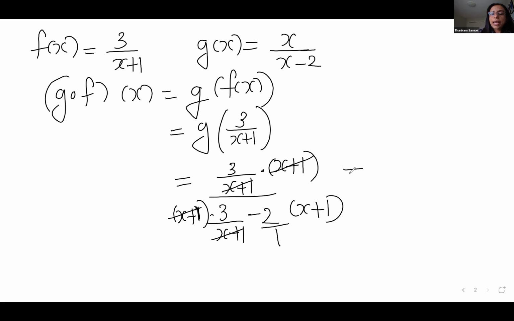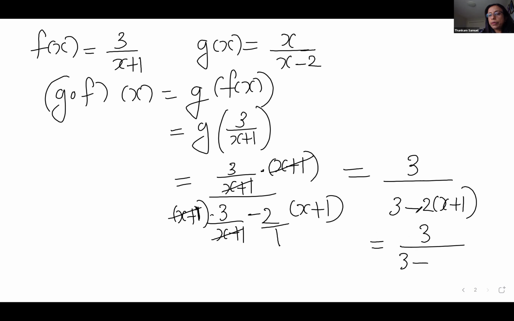Then we have 3 over 3 minus 2 times x plus 1. That is 3 over 3 minus, we can distribute this negative 2 over these terms, then we will get negative 2x minus 2.